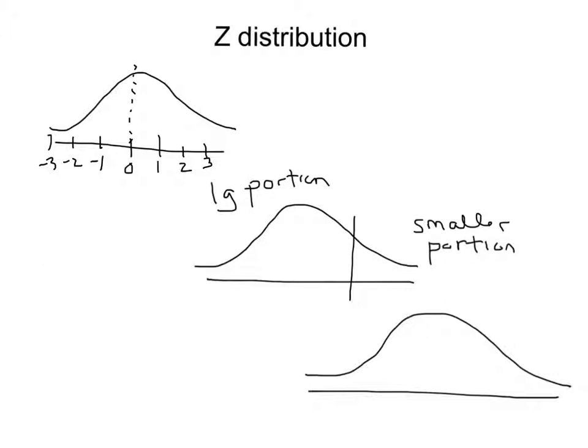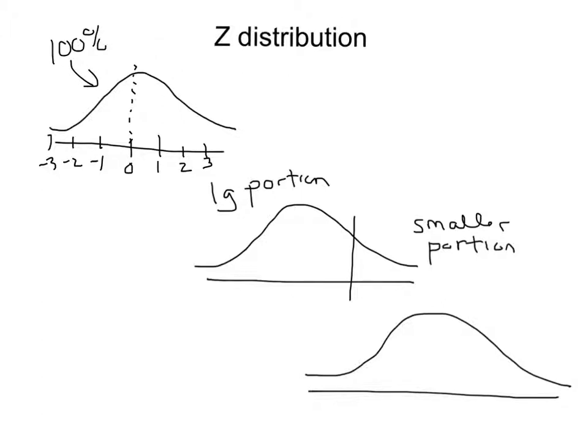It is asymptotic, meaning the tail is continuing on towards infinity. The mean equals the median equals the mode, and the area under the curve totals 100% or 1.0. So everywhere under the whole curve is 100%.